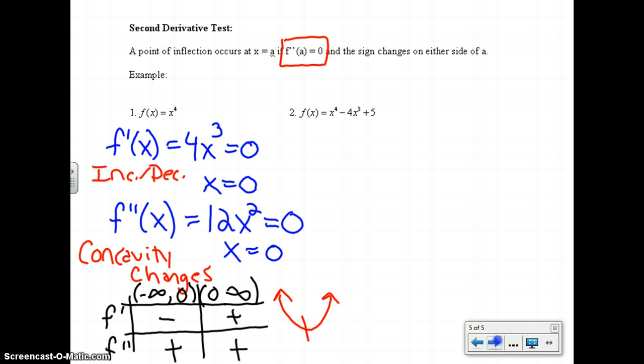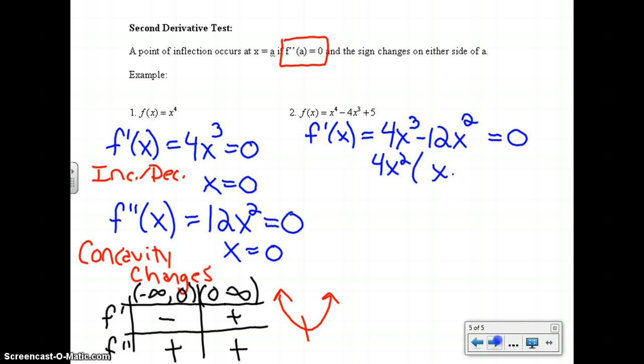So, second example, we'll try this one together as well. Let's go ahead and take the first derivative. The first derivative would give us 4x cubed minus 12x squared. If I set this equal to 0, I can factor out the 4x squared, and I am left with x minus 3.